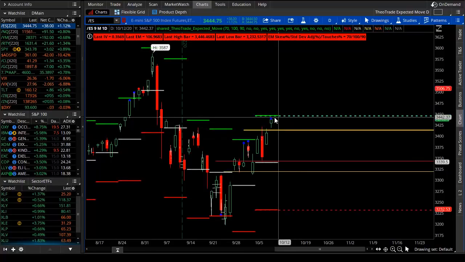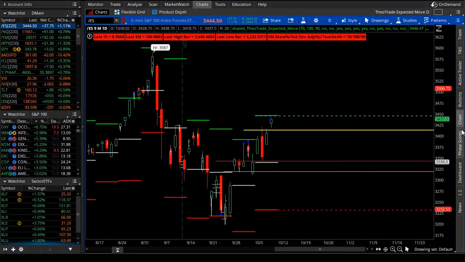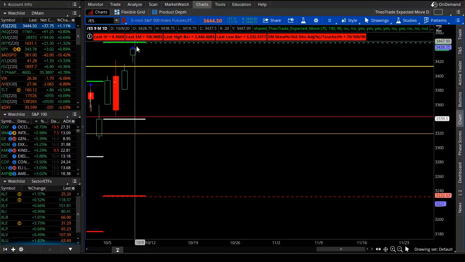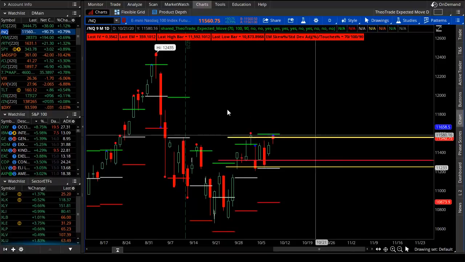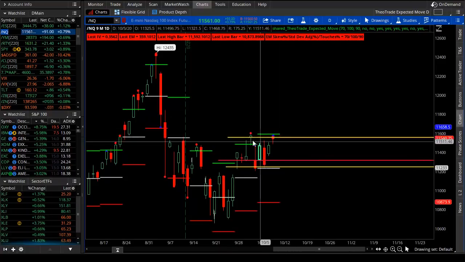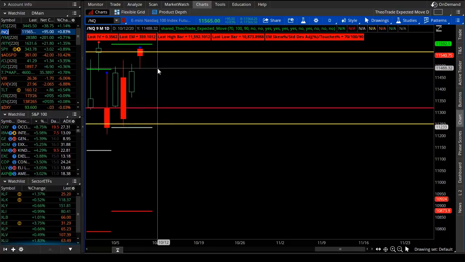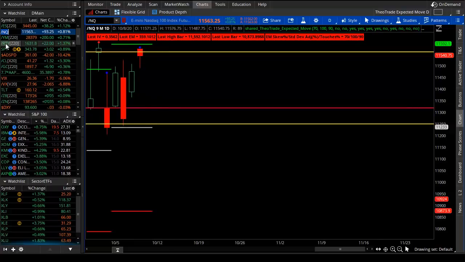For the ES futures, that's about 3437. And zooming in, that's roughly where the market turned in today's print or closed. The Nasdaq, the specific level for it is 11,592.